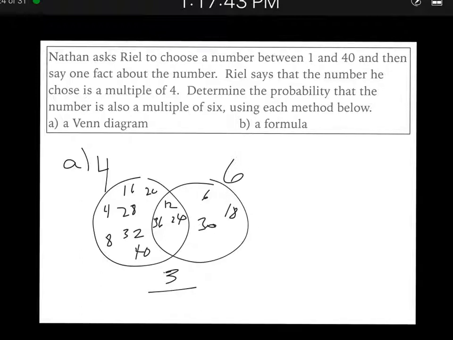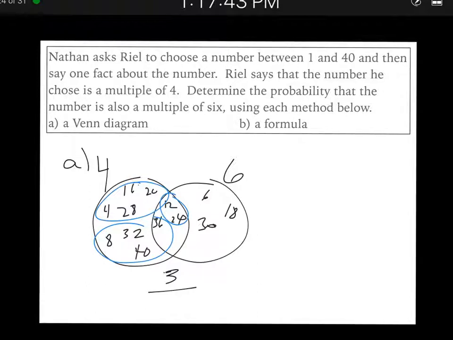So what we know for sure about the number is that it's a multiple of 4, because Riel said that. So what we have to think about is what's the total options for multiples of 4? It is 10. If I look here, there's 4, 8, and so on, 10 numbers that are multiples of 4. Does that make sense?